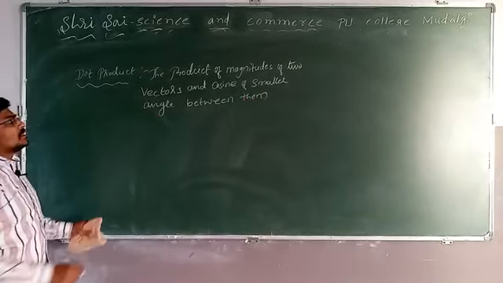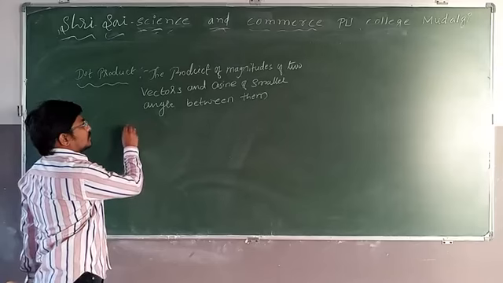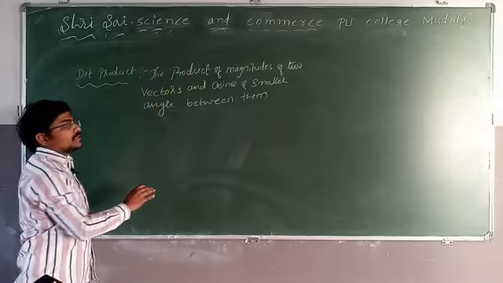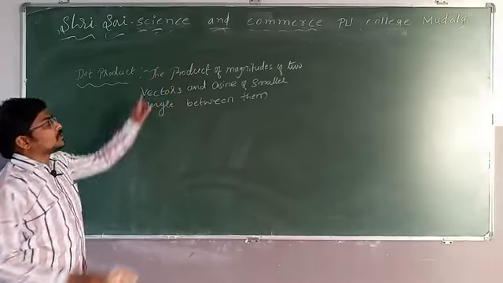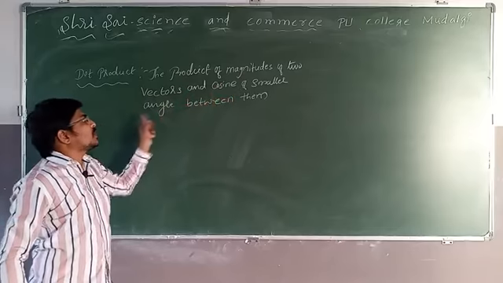What does it mean? This whole statement we can write in the form of an equation. The product of magnitudes of two vectors and the cosine of the smaller angle between them.